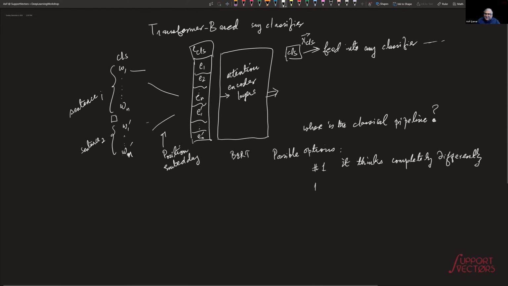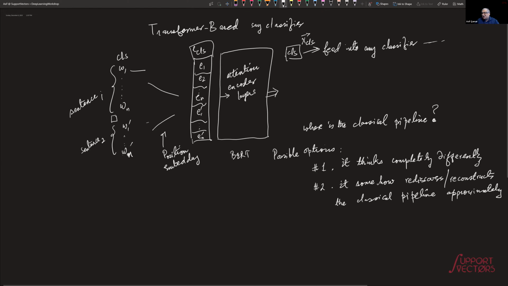And there's possibility number two, which is that it somehow rediscovers or reconstructs the classical pipeline. It sort of does it in approximately what we do, not necessarily rigidly, but quite similar to that.